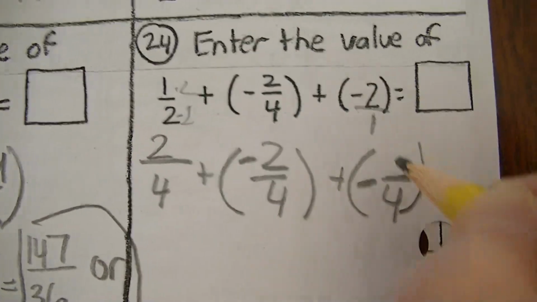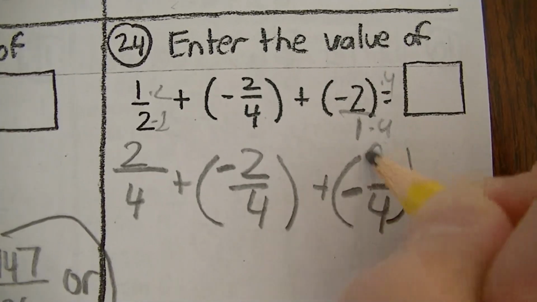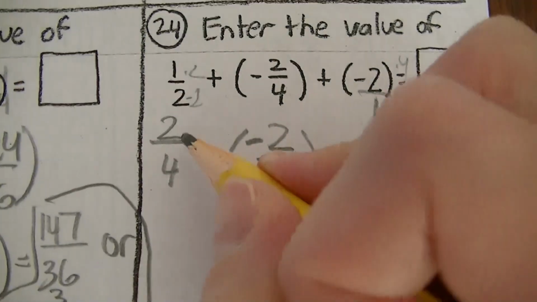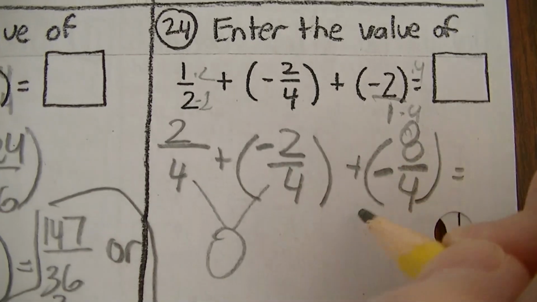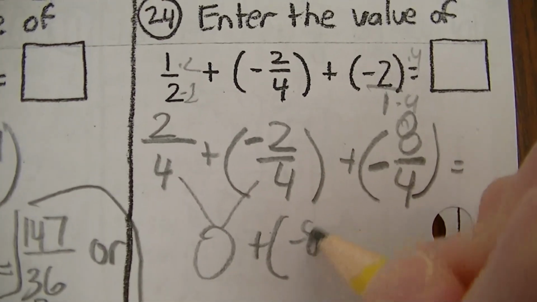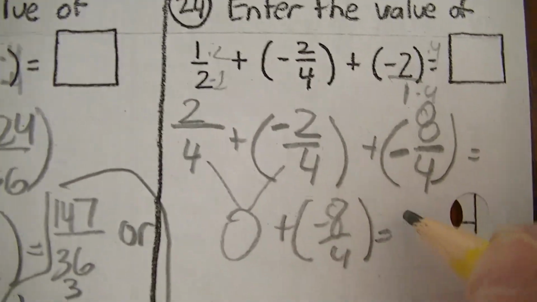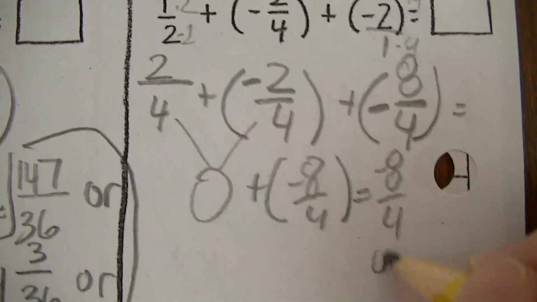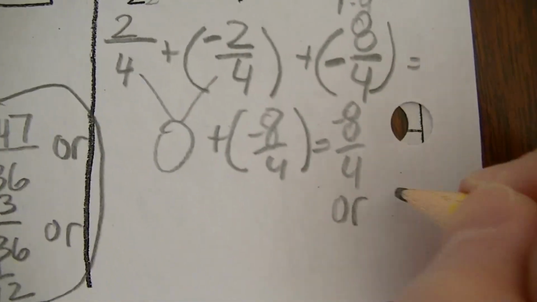That stays the same. Times 4 times 4. There we go. So 2/4 minus 2/4 is 0, plus a negative 8/4. That's negative 8/4. Or negative 8 divided by 4 is negative 2.